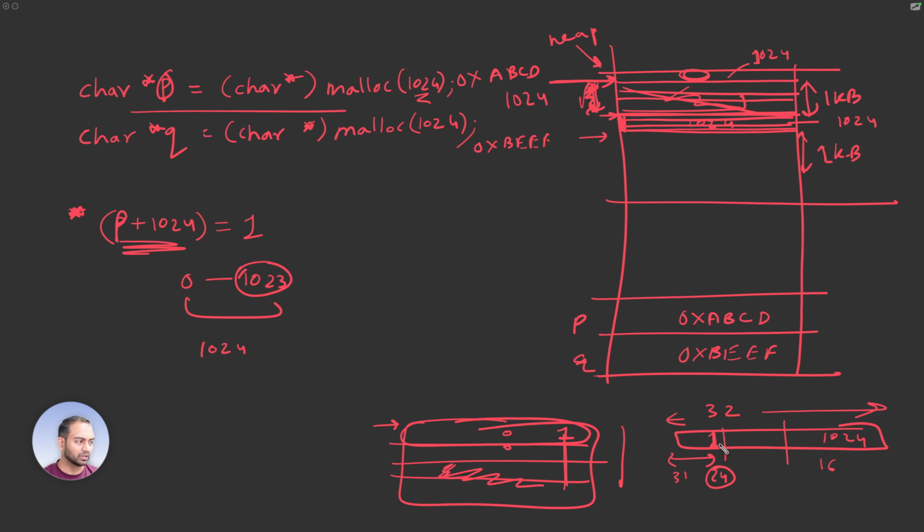Do the math. So the 24th bit is set, and all of a sudden this entire integer is way higher than 1024. If you're following so far, see what happens.